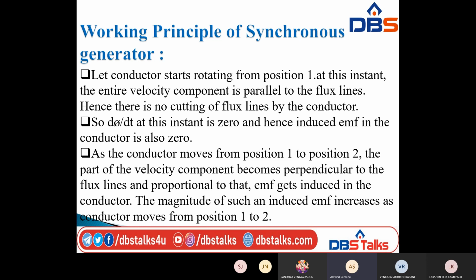At position 1, there is no induced EMF because there is no cutting of flux, because the velocity component is parallel to the flux line. But when the conductor moves from position 1 to position 2, the velocity component becomes perpendicular to the flux line, and the EMF gets induced in the conductor because the flux lines are cut.